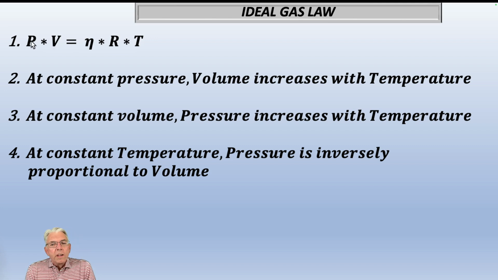So the number of molecules that are bouncing off that surface, if that increases, then the volume is going to decrease and vice versa. So those are three basic principles that you can derive from that ideal gas law, PV equals nRT. All right, that is bonus weather video number 3 for this week. I hope that made a little bit of sense.